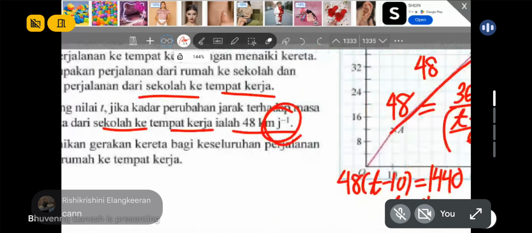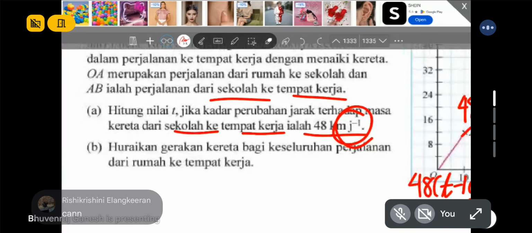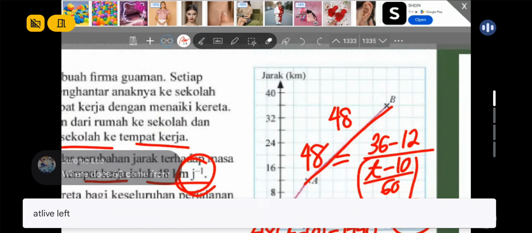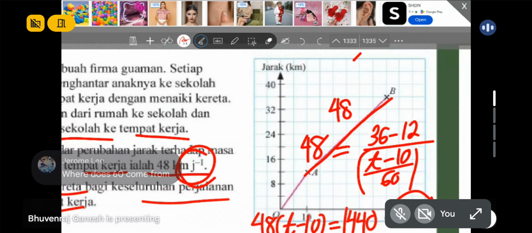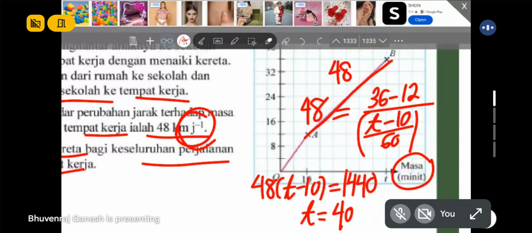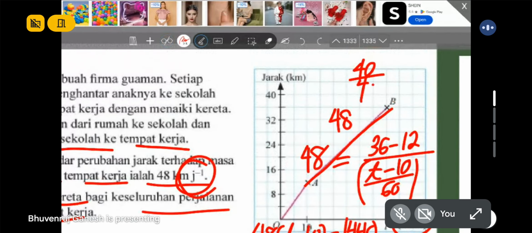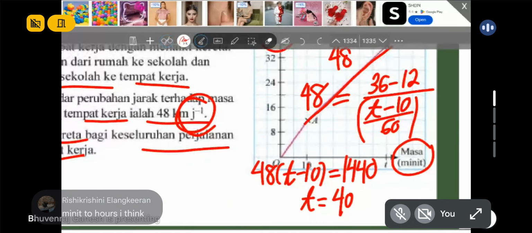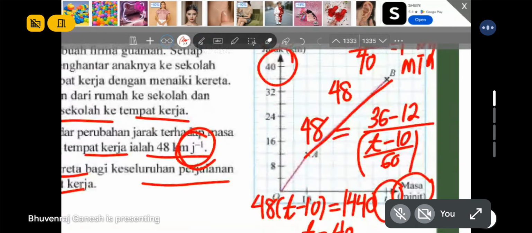So this is how I find nilai t. Final one. They ask you for the whole keseluruhan perjalanan. So you need to count the average speed, laju purata. So 40 divide by 40. So it's 1 kilometer per minute. Total distance is 40. Jumlah jarak 40. And you can say total time is 40 minutes.